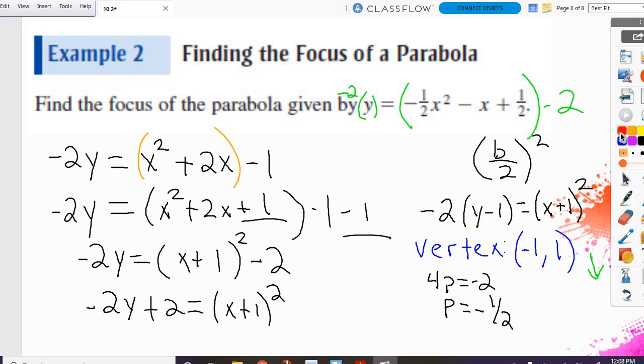So which of these am I going to subtract 1/2 from in order to put it below my vertex? The y value, right? Because y is what determines your up and downness. So for our focus, we would have that it is at negative 1, comma 1/2.